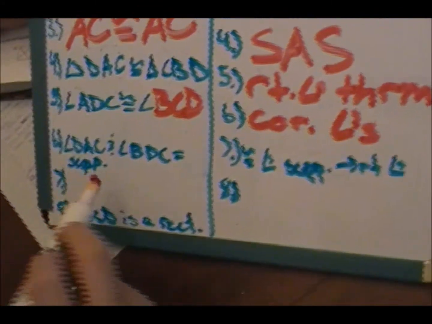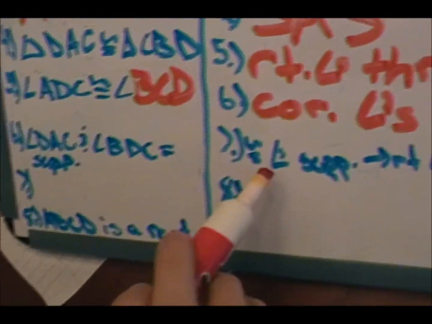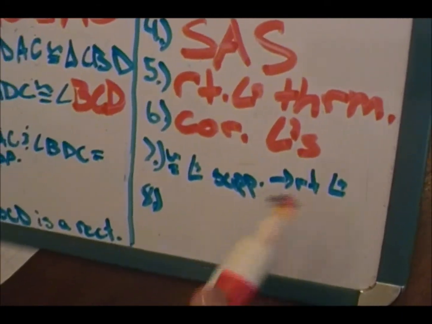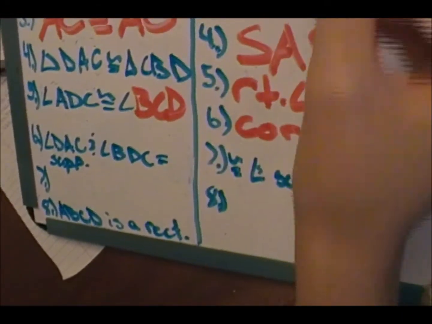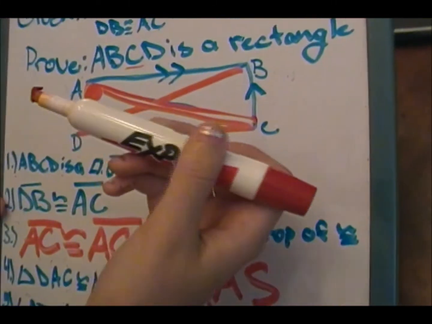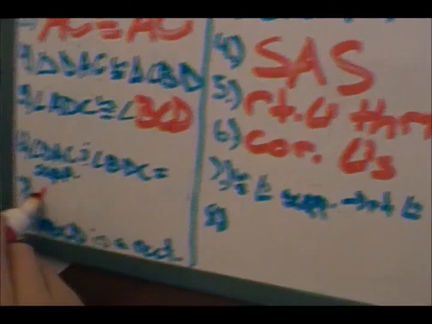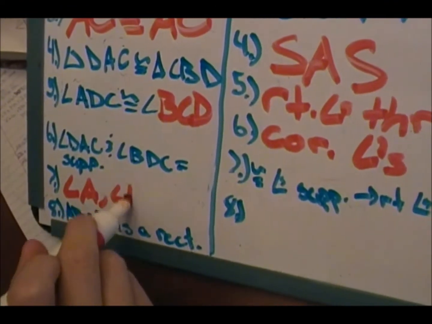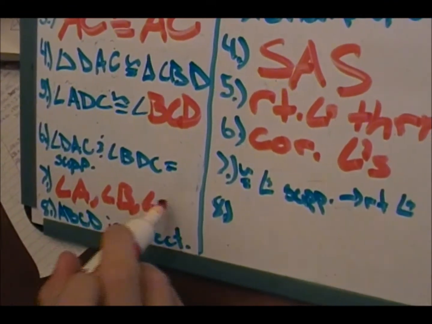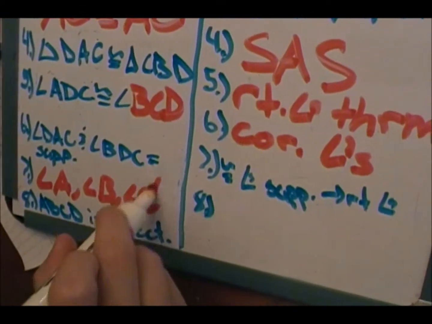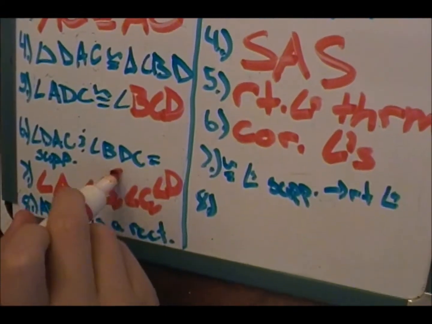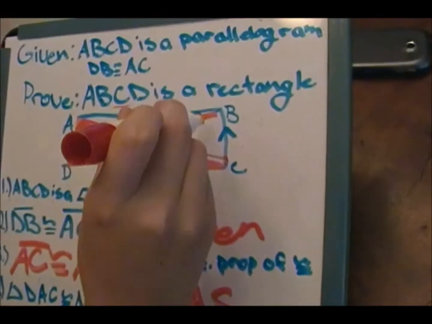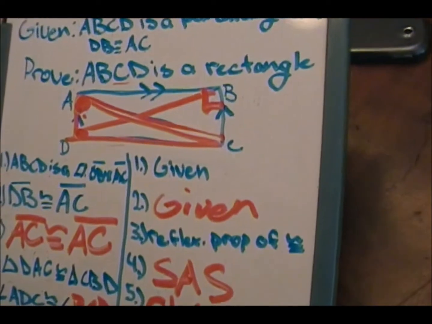Okay, number 7. It states that congruent angles are supplementary and are right angles. So, what are the right angles that are supplementary? They are angle A, angle B, angle C, and angle D, equaling 90 degrees each. So each of them are right angles.